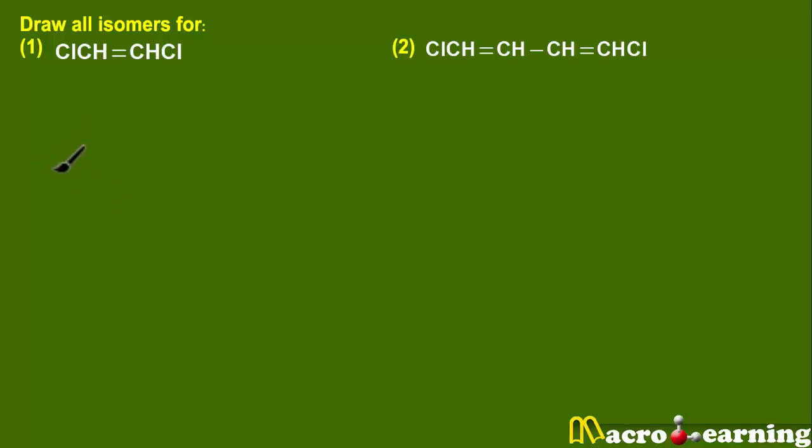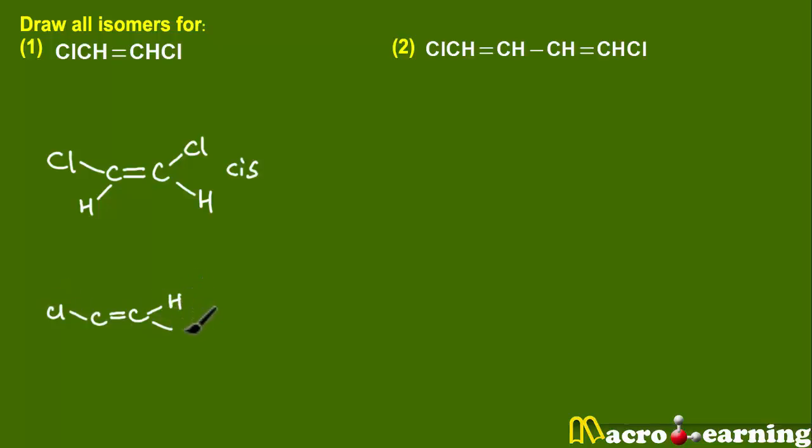Let's see. So for the first one, there's cis isomer where the two chlorines are on the same side of the double bond. So that's what we call cis isomer. And there's trans isomer where the two chlorines are on opposite sides of the double bond.